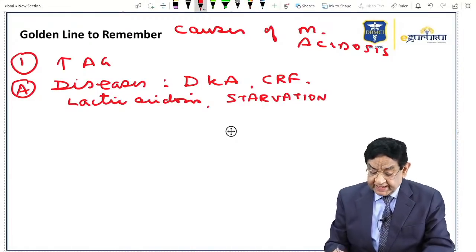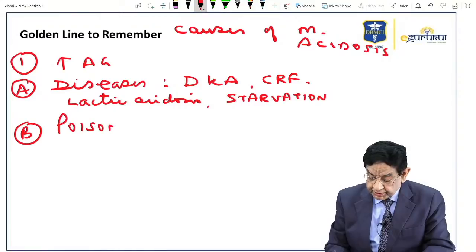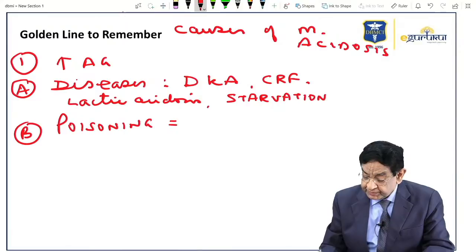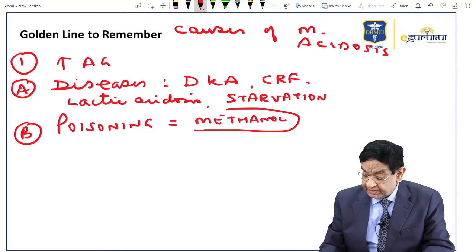Now, this can happen in certain poisonings also. Certain poisonings include methanol poisoning, this is important, make a circle.